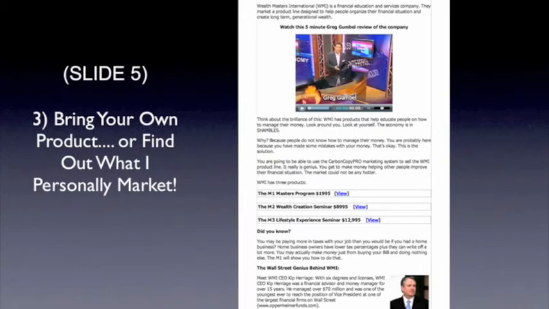And then you're going to ask them to bring their own product into this platform, or if they do not have a product, they will find out what it is that you personally market. You'll go into that briefly as the third item that they're going to check as they scroll to the middle way down on that carboncopypro.com link site.